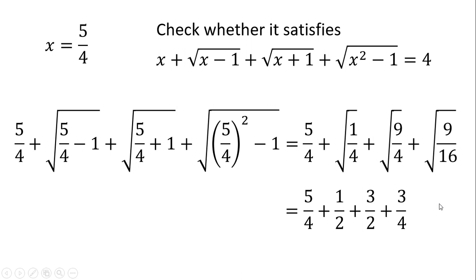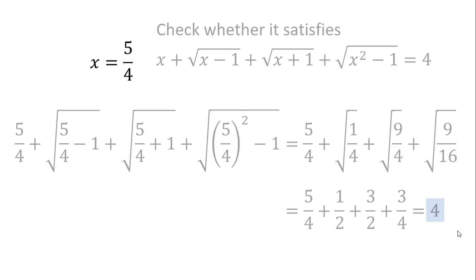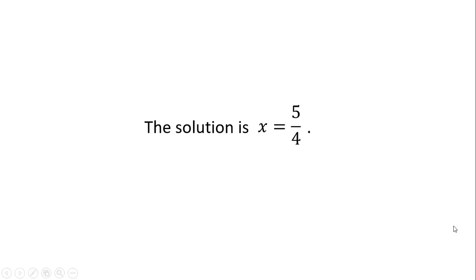Simplifying further, we get 5 over 4 plus 1 half plus 3 halves plus 3 over 4. Adding, the result is indeed 4. And so the value 5 over 4 satisfies the original equation. And so we conclude that the solution is x equals 5 over 4.